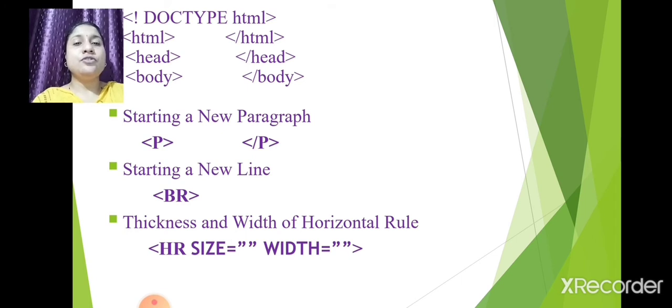Then if you want to increase the thickness and width of a horizontal rule, for horizontal rules which tag will we use? Yes, tag HR for horizontal rules, it will show on our web page. If you want to increase the thickness or width of that, you have to write size and width in the HR tag. Getting all of you? Yes.